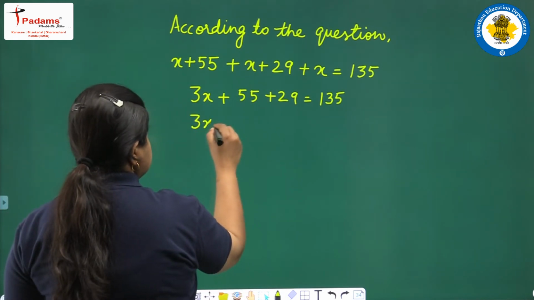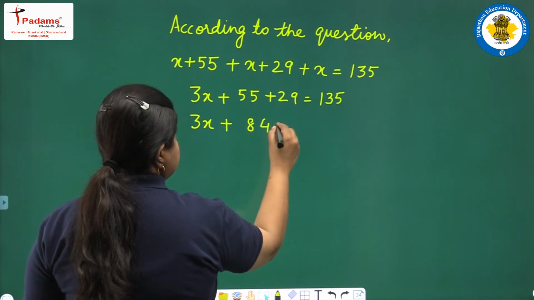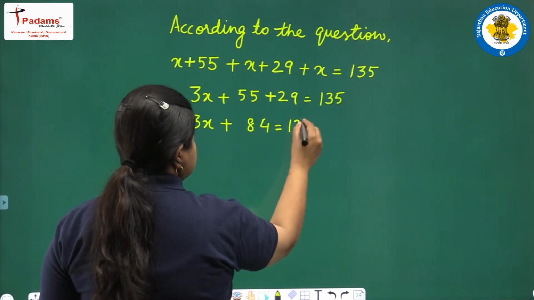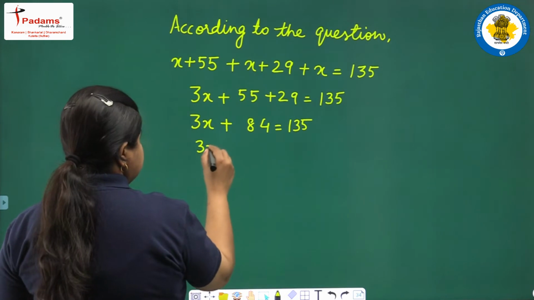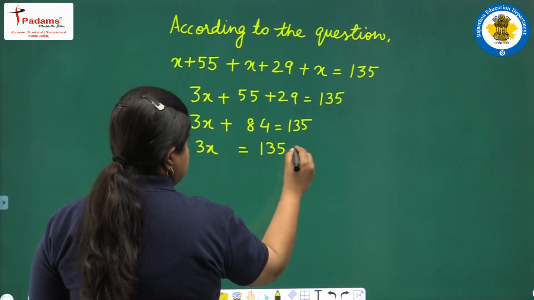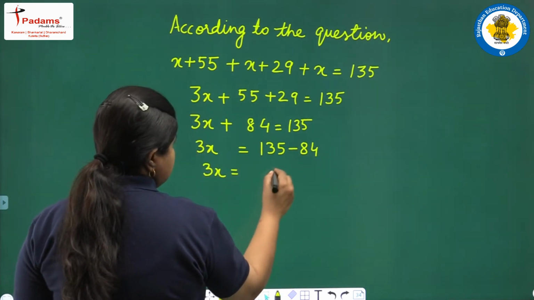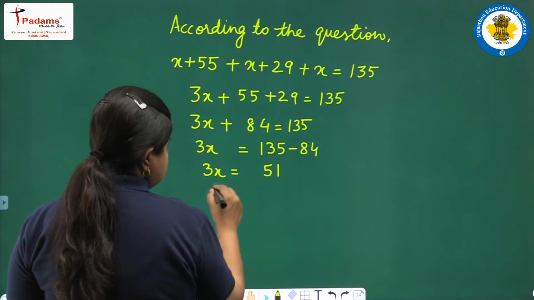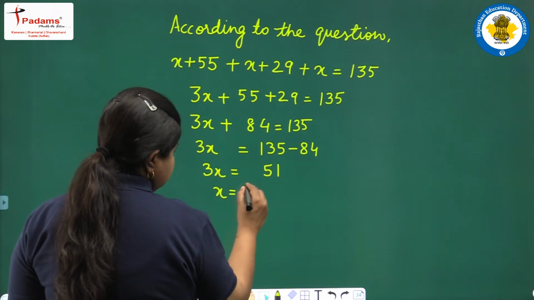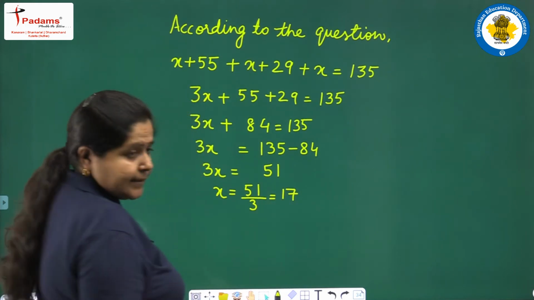This will give us 3x plus 84 equal to 135. This will give 3x equal to 135 minus 84, and 3x equal to 51, x equal to 51 upon 3, which is 17.